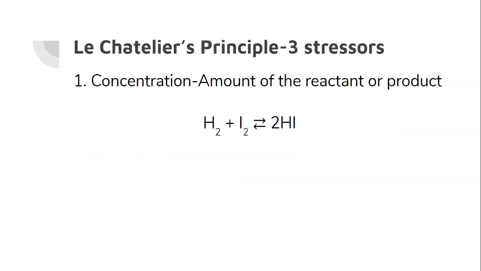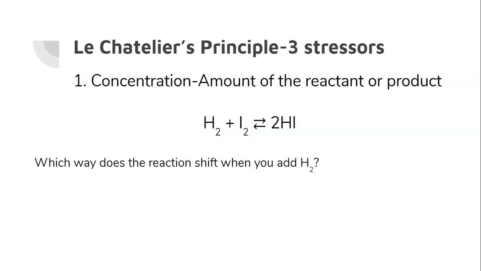So here I have that hydrogen and iodine coming together again. If I were to add H2, I'm going to have more reactant than there's product. And so my whole reaction is going to rush or shift to the right to make more product. It's saying, hey, to get back to equilibrium, I've got to move to the right to make more product.